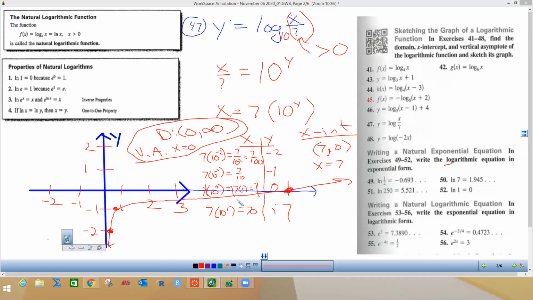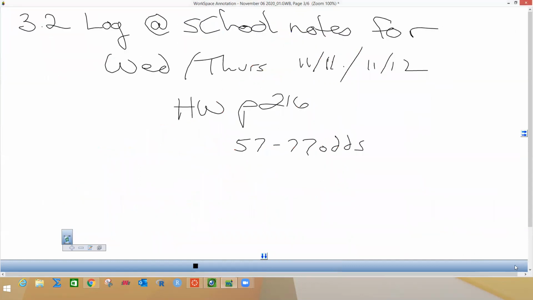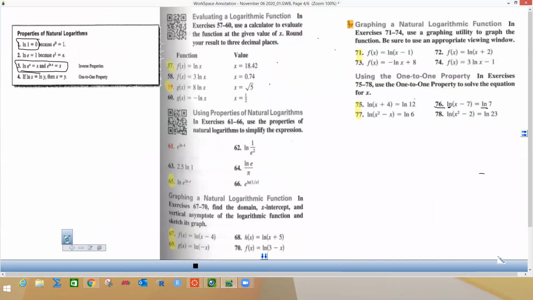Anybody else? All right, so the other stuff is calculator stuff. We're going to go over here to the at school, 57 to 77. This is just typing into your calculator. So you're going to type 3 natural log, and then type 0.474 into your calculator.